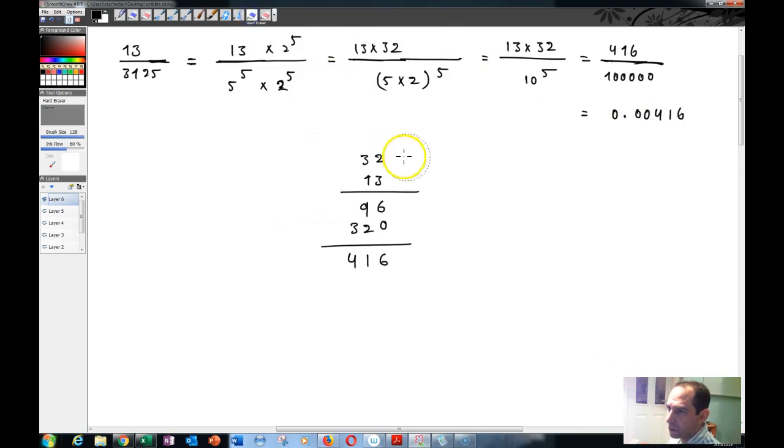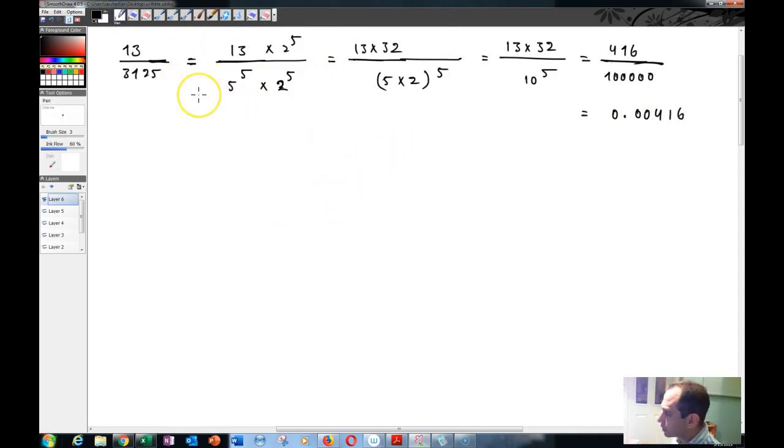Okay, so that's basically that. So this number has a terminating decimal representation, right?